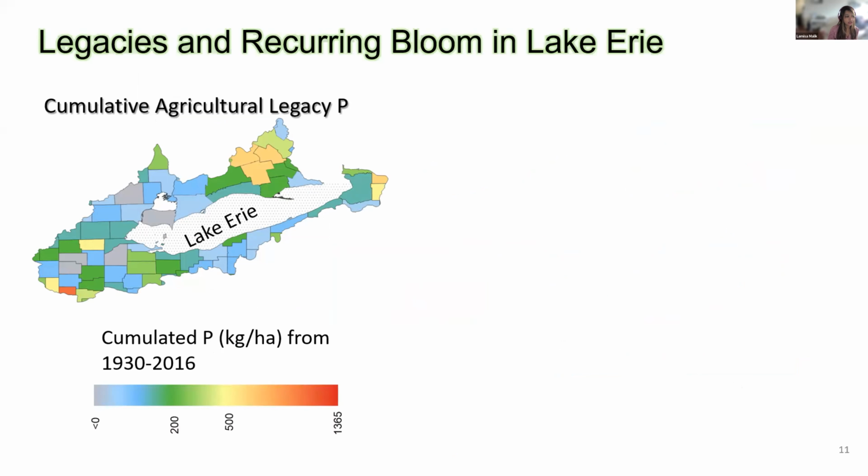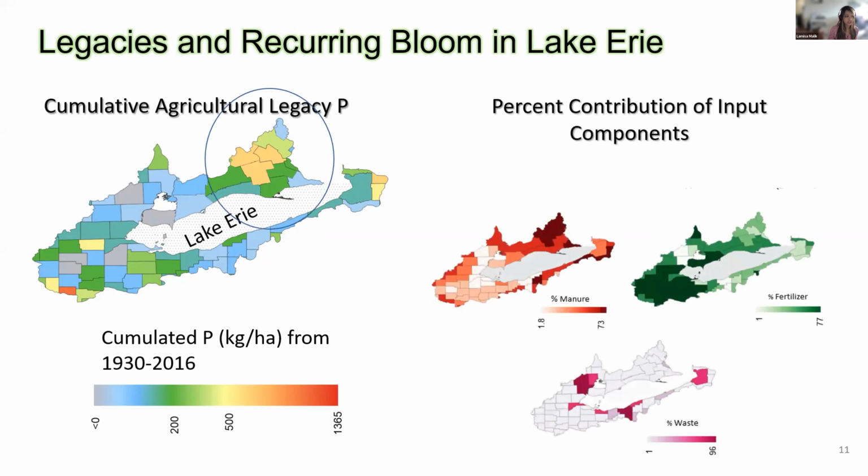The warmer color here also indicates more accumulation. High phosphorus accumulation was observed in southern Ontario. Then we compared it to the spatial distribution of inputs, and we observed that high manure input areas correspond to high legacy accumulation.